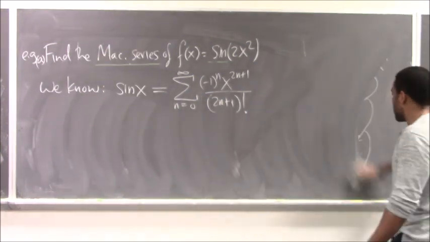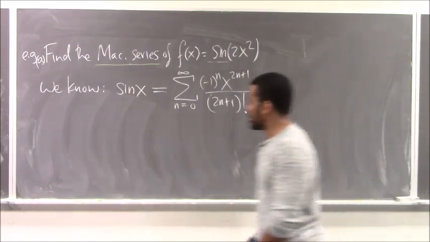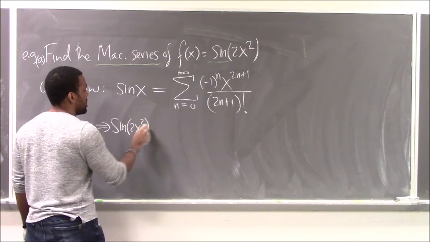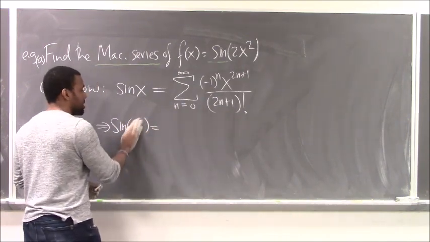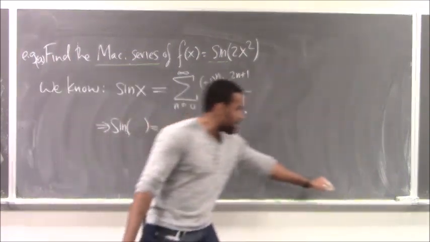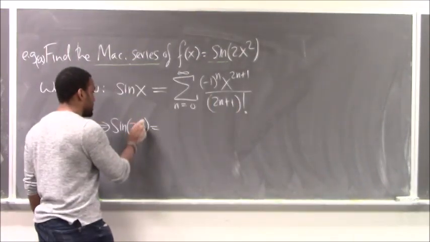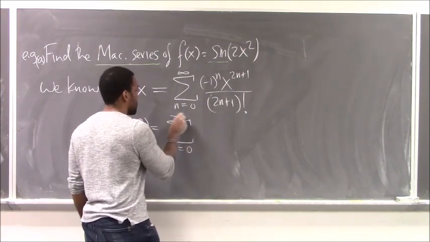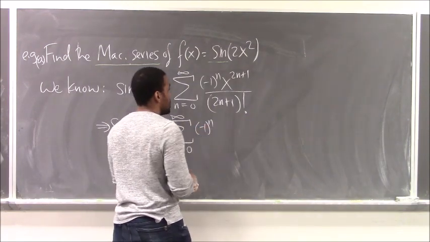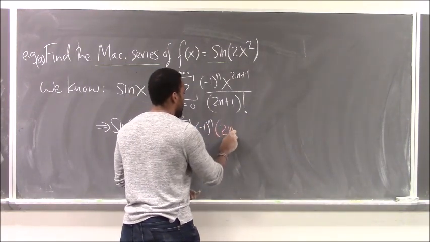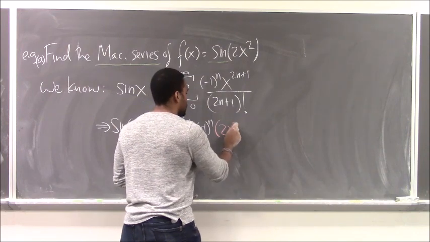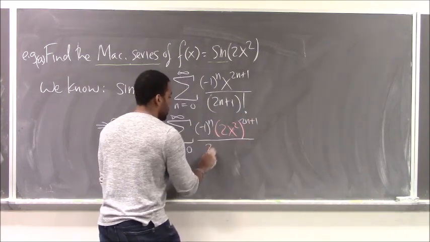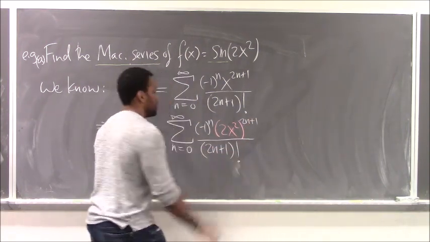So all that I have to do is literally substitute. This means the sine of 2x squared is, well, I'm literally going to take this formula and replace x with 2x squared, because it's literally the same thing. So it's minus 1 to the n, and I'm going to plug in 2x squared raised to the 2n plus 1 over 2n plus 1 factorial.